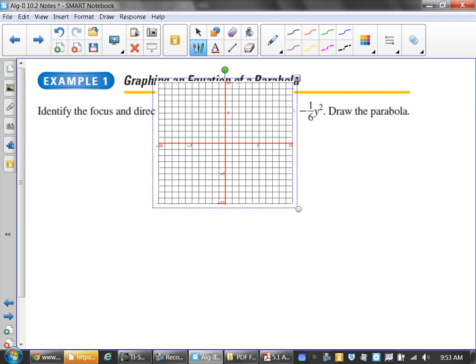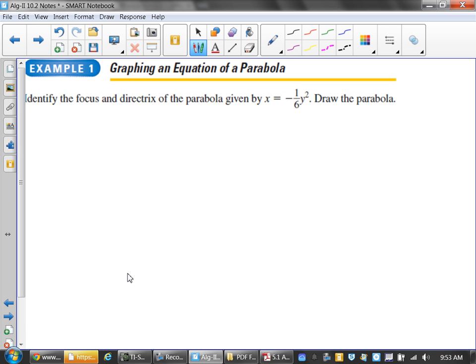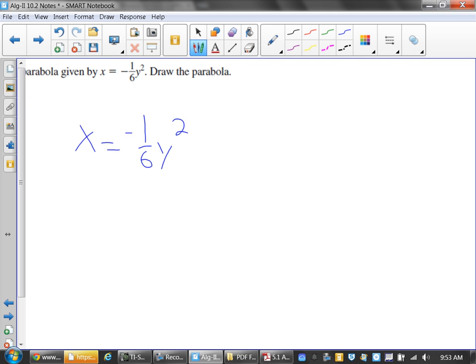I'm not using graph paper because graph paper is evil. We have x equals negative 1/6 y squared. So the first thing you're going to do with these types of problems is tell what you have: either an x squared or a y squared problem.